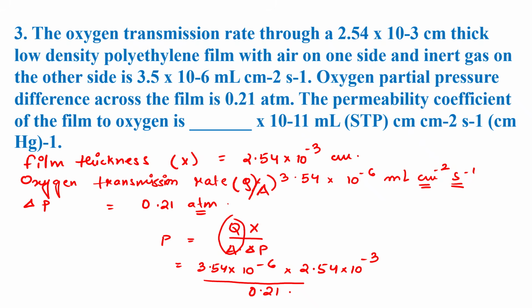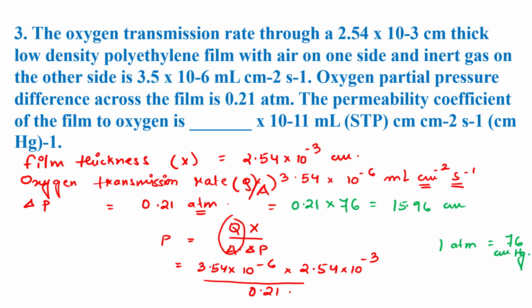We know that 1 atm is equal to 76 centimeter Hg. So over here it will be 0.21 into 76. So if we calculate this, we'll get 15.96 centimeter mercury.